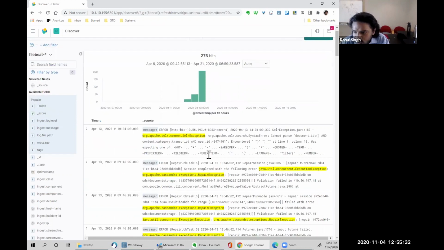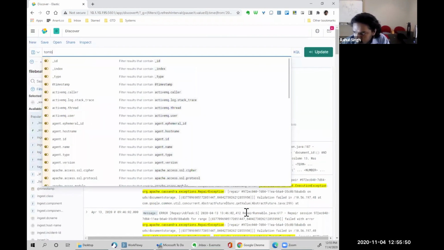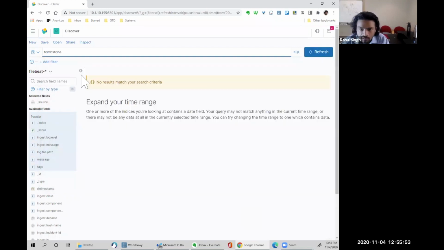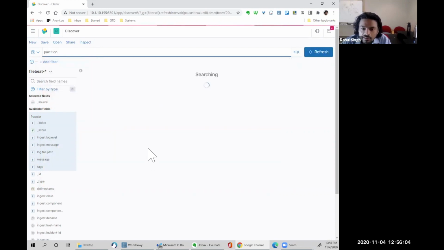There are things that we're not parsing here, but if you make your dissector good, you can essentially identify the class, the line in the class. You could even identify specific numbers. So let's look for tombstone. Oh, no tombstone. That's really interesting. Wow. I'm impressed. This system did not have any tombstones.